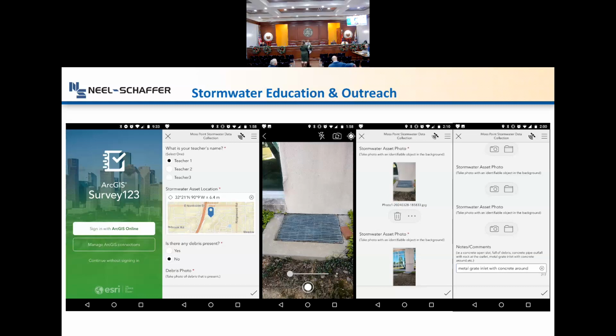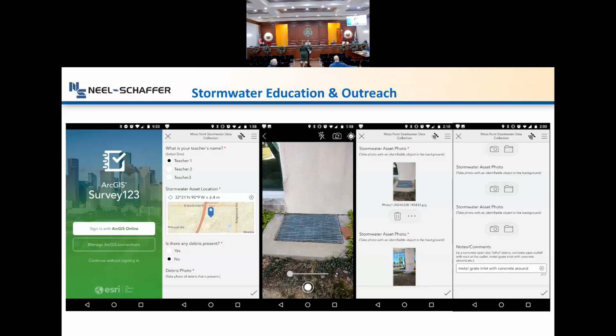Well, it also can track where you are for coordinates, and so they could go over to like an inlet. They could take a picture, and it would automatically tag the location, the latitude and longitude of that stormwater asset.